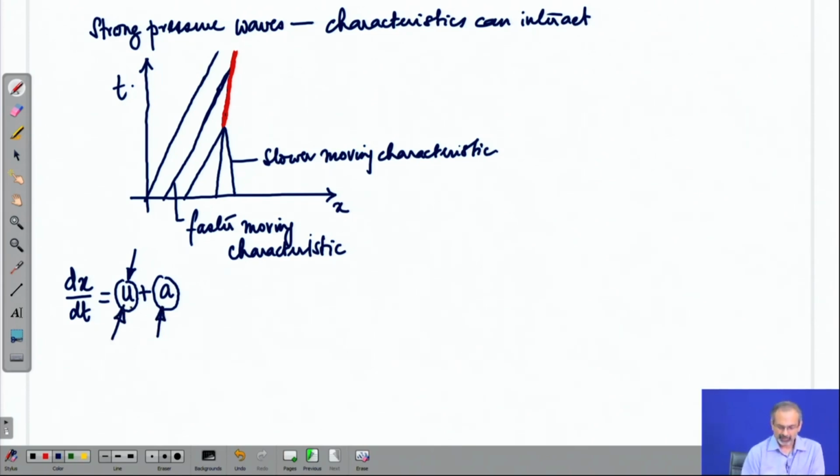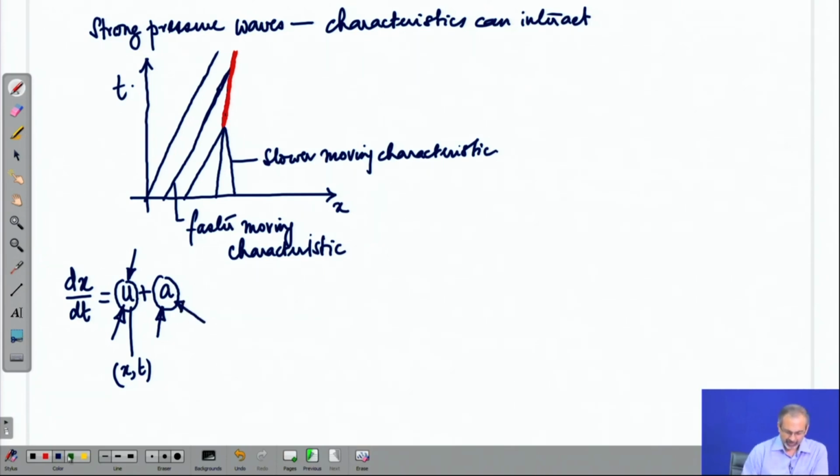And the local flow velocity is certainly a function of x and t. For strong pressure waves, even A can be a function of x and t.